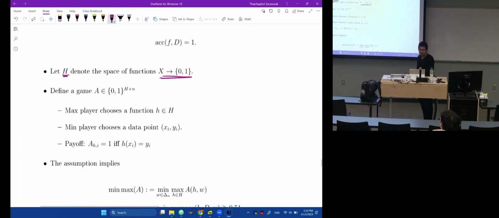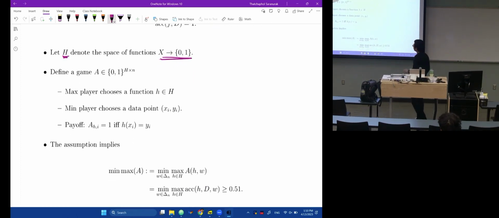Now let's see what the assumption about the weak learner means. It means that given any weight, you can find some learner with respect to that weight that is correct by more than half. And I claim that is exactly the same as saying that the min-max of this game is more than half.